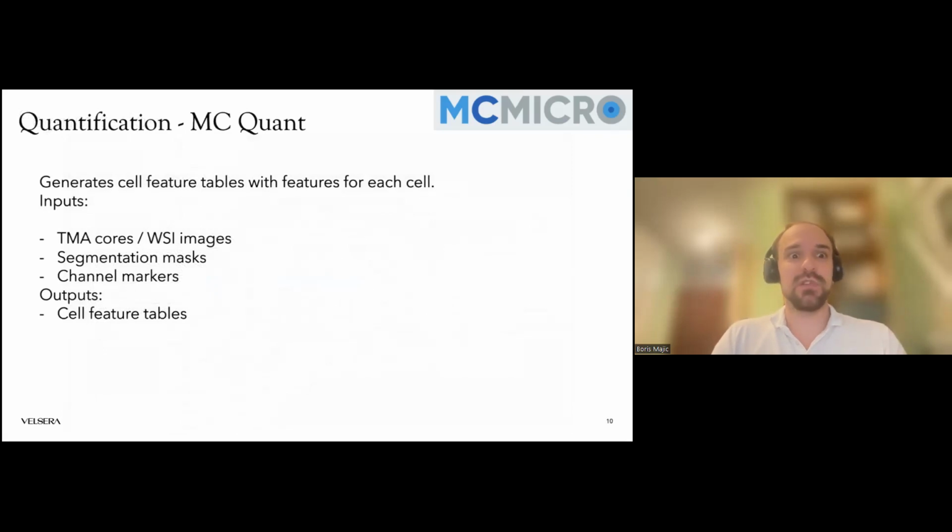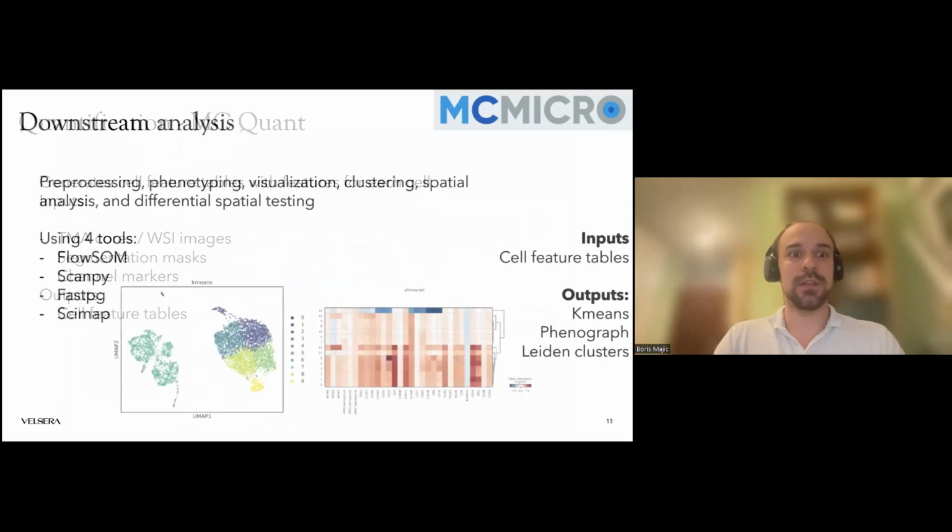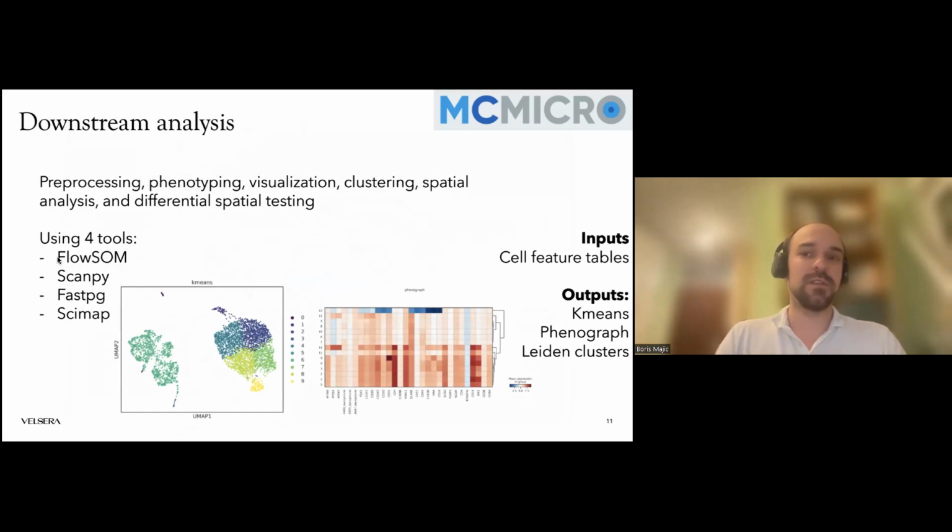The next step in the workflow is quantification, where now after the segmentation has discovered which cells are present in the image, so the segmentation is cell-based segmentation, we can quantify the information for each of these cells, and this information is then used in the downstream analysis. Cera already showed some of these plots. But there are 4 different tools that can be used, which is a difference from the previous version.